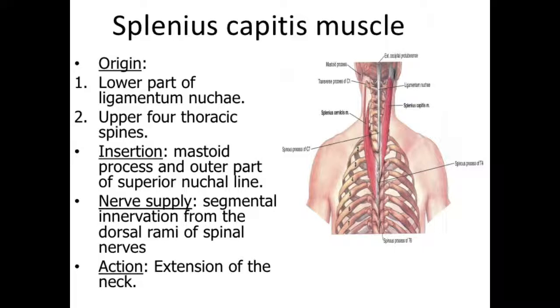Its splenius capitis insertion is the mastoid process and the outer part of the superior nuchal line, and its action is extension of head and neck.